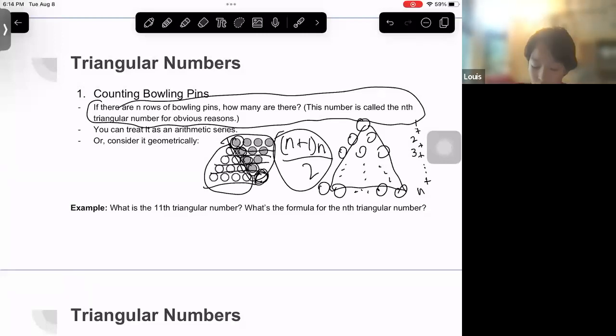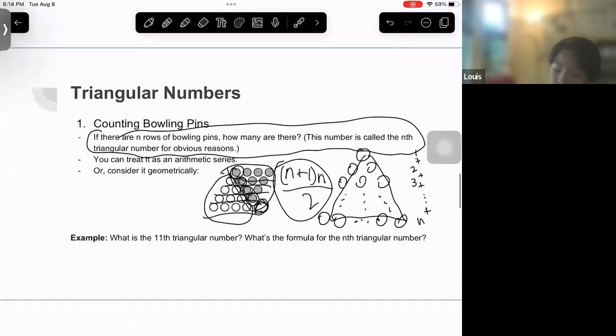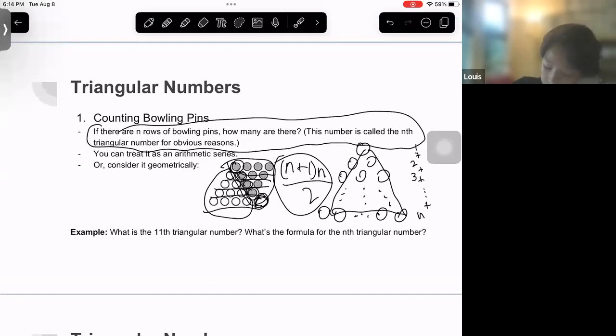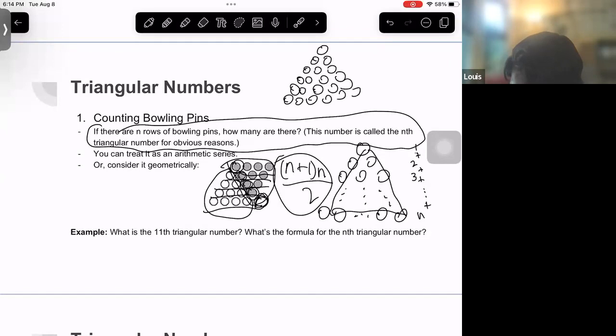Okay, so I'll go over these problems now. For the 11th triangle number, it's just 11 rows of bowling pins. So it's just 1, 2, 3, 4, 5, 6, 7, and so on.